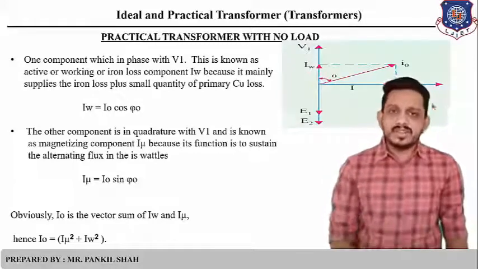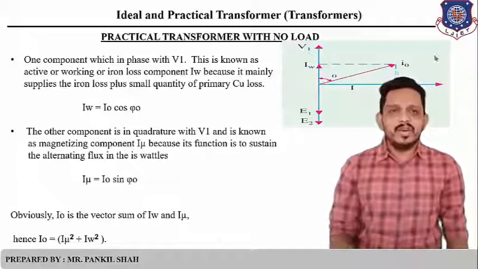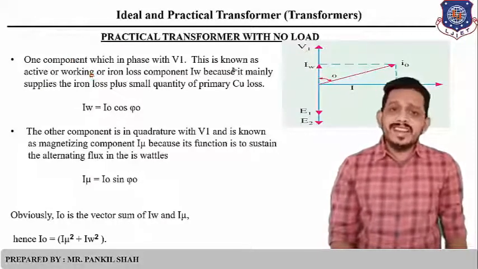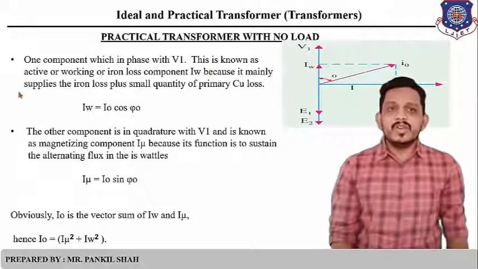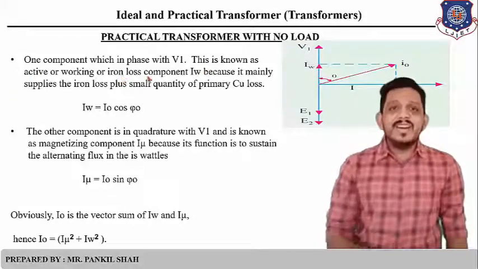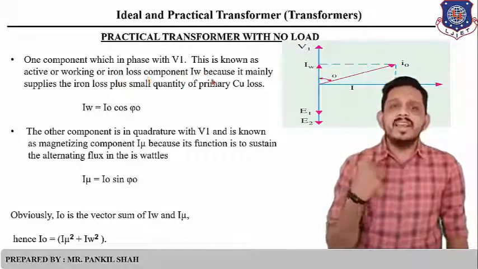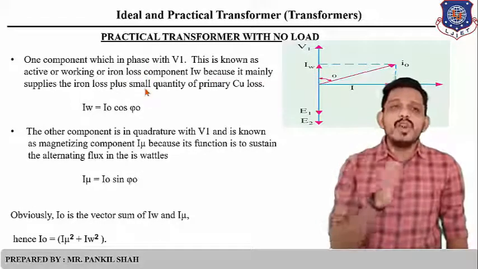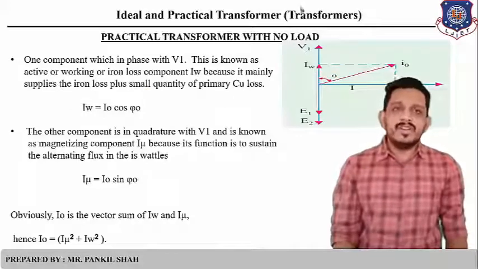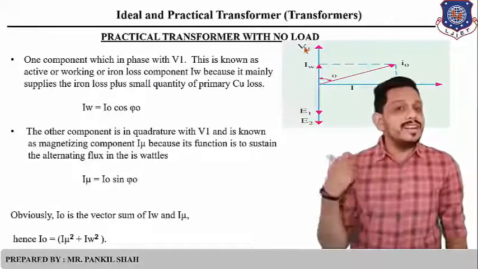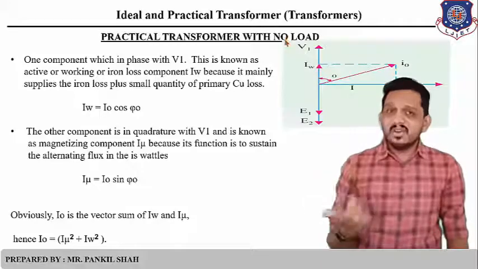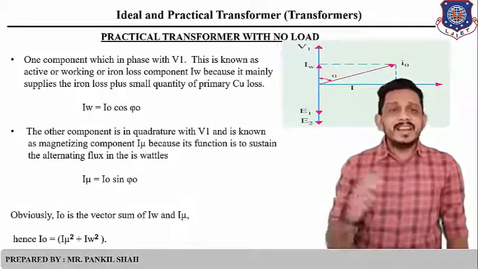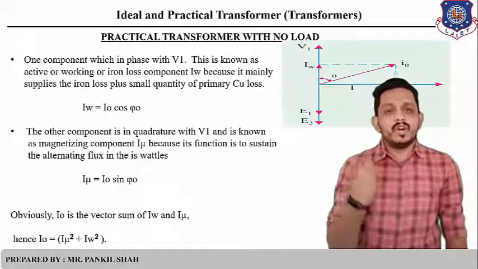If you add this to the magnetizing current, then you get the no load current. So the one component which is in phase with the voltage is known as the active or working or iron loss component IW, because it mainly supplies the iron loss plus a small quantity of copper loss, because we have not connected any load. So the secondary current is zero, and if the secondary current is zero, then no losses will occur on the secondary side. So basically it is the loss component of a transformer.